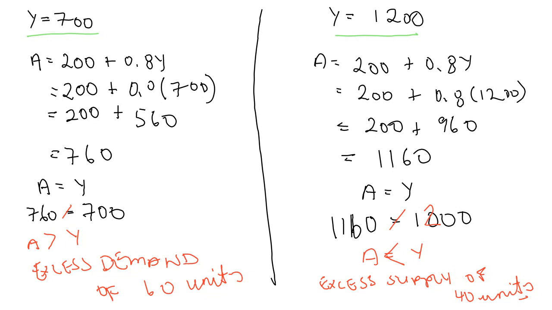I'm moving right along. On page 370, we have the algebraic version of the simple Keynesian model and how they obviously derive it.